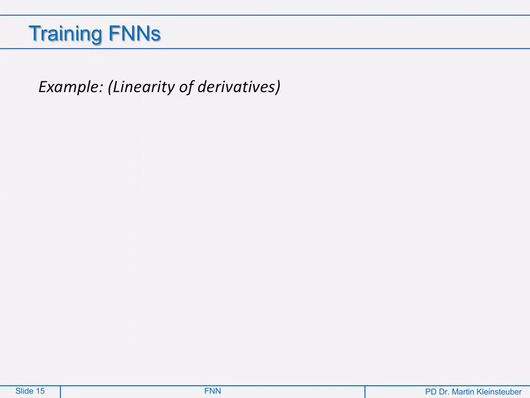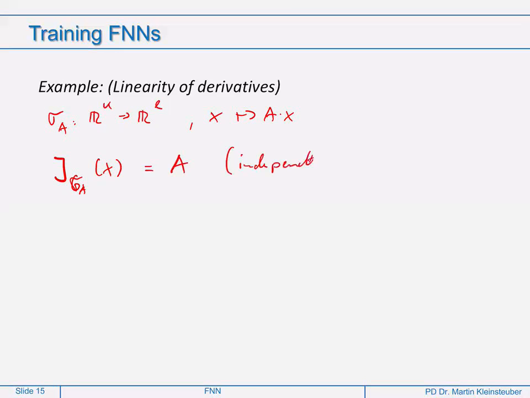That means if I have a function sigma A that goes from Rk to Rl, and x is mapped to some matrix A times x, then the Jacobi matrix of this function sigma A at x is A, independent of x.